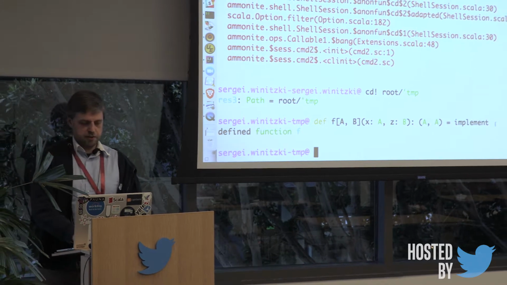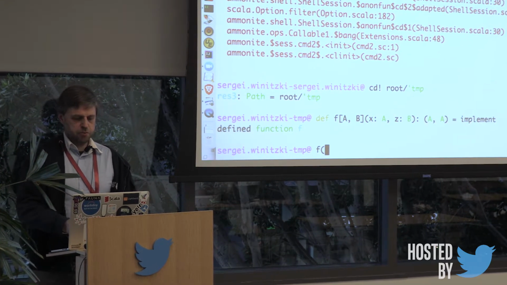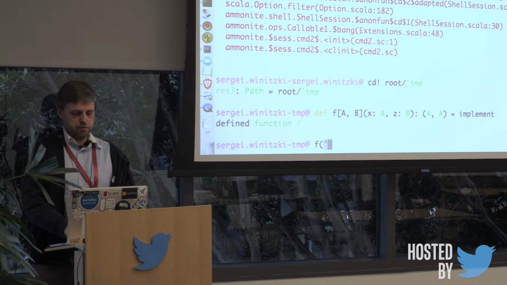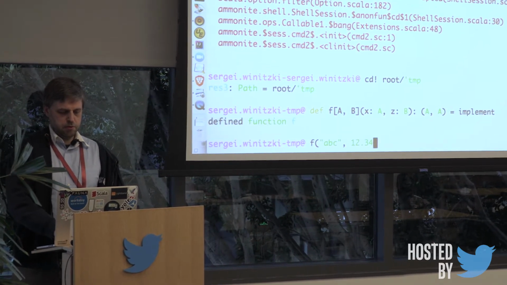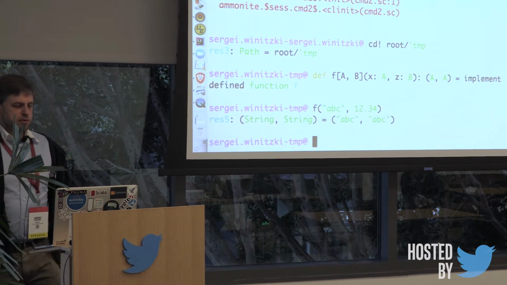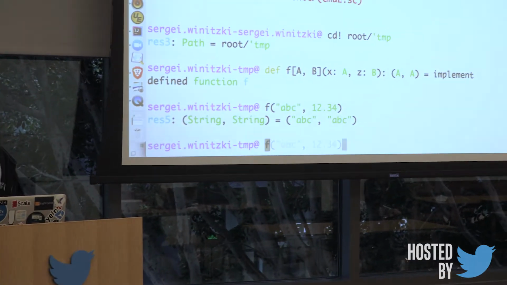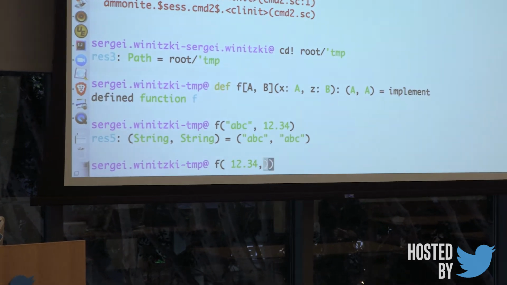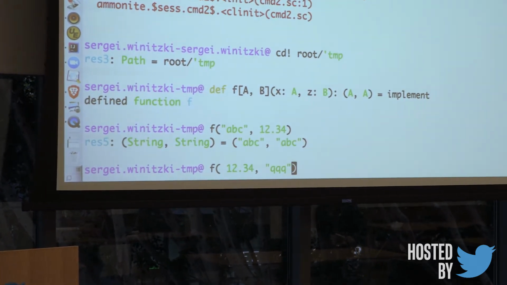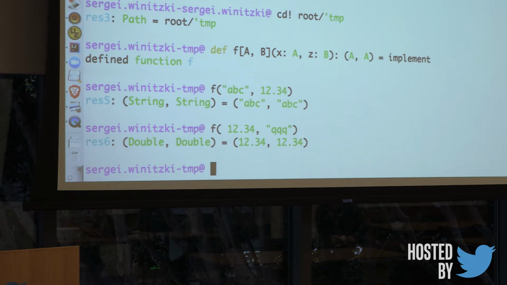So let me test this. So f is a polymorphic function, right? So I'm giving it 2 arguments, and I can interchange these arguments. And so that's the code we expect.